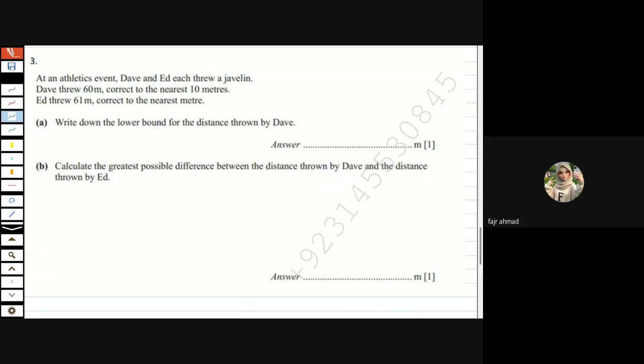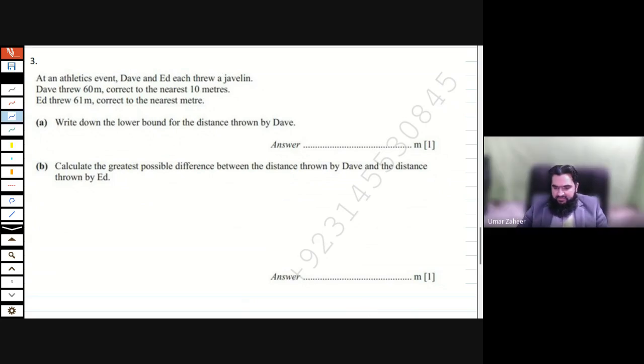All right. The next one, at an athletics event, Dave and Eddie each threw a javelin. Dave threw 60 meters, correct to nearest 10 meters. So 10 divided by 2, that would be 5 meters. So I will write plus minus 5. And Ed threw 61 meters, correct to nearest meter.